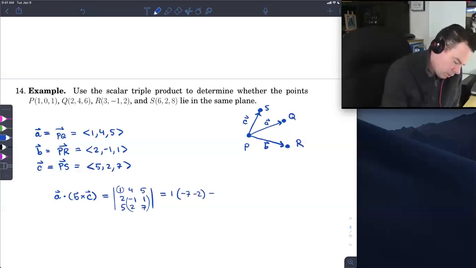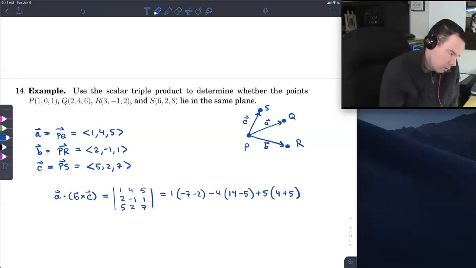And then we get a minus 4 times the determinant of the next piece, which is 2 times 7, which is 14, minus 5, and then plus 5 times the determinant of the bottom left 2 by 2 matrix, which is 4 plus 5. And so this works out to be negative 9. And then we get 14 minus 5 is 9.